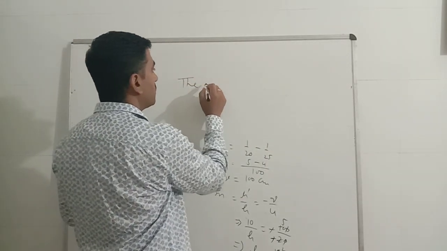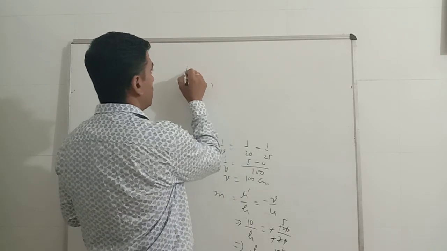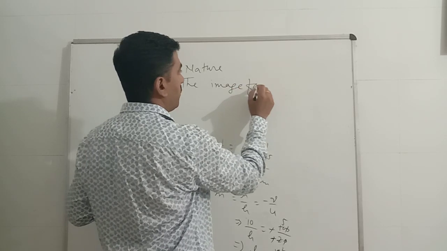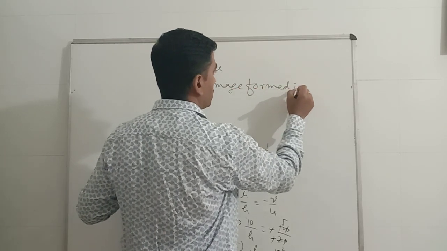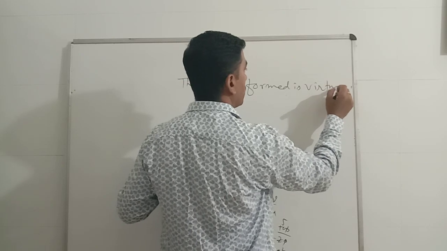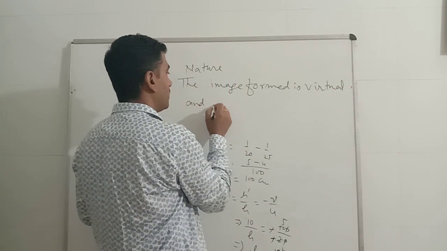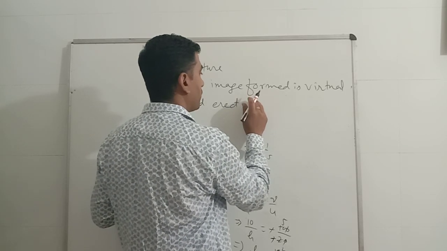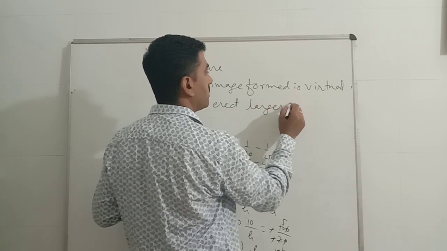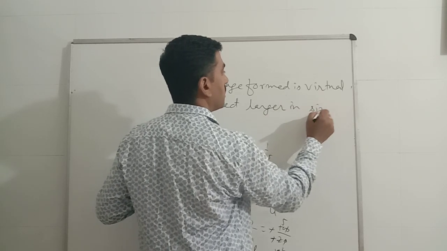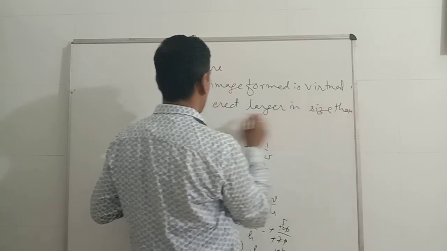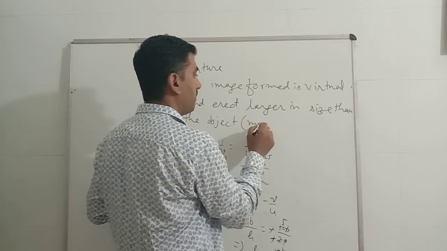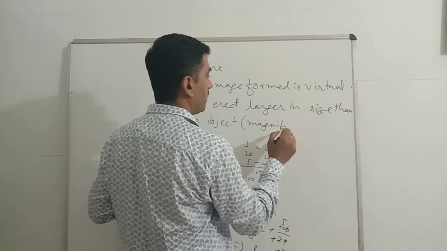The image formed is virtual and erect, magnified, larger in size than the object. You can write magnified.